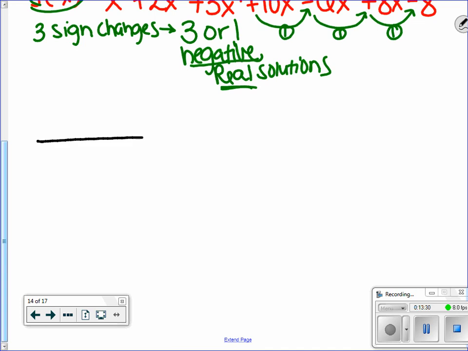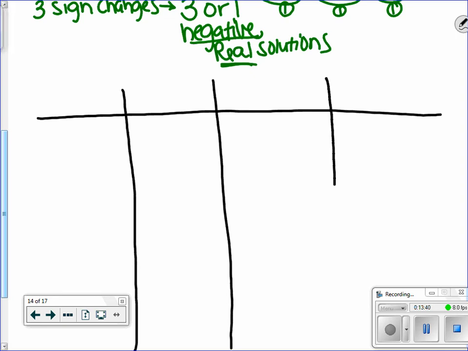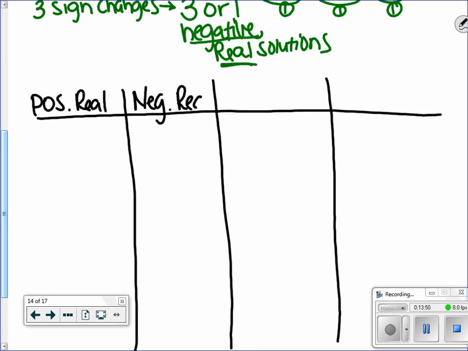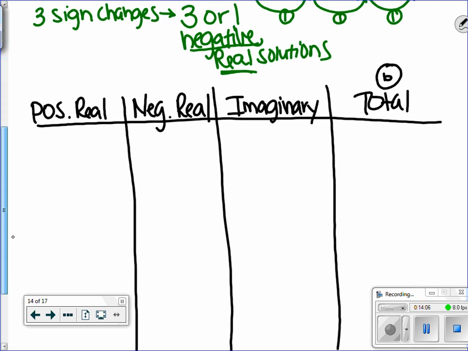We've got positive real, negative real, imaginary, and the total solutions. Now remember, the total here should always be 6 because we had a degree of 6, which means that there's 6 total possible solutions.